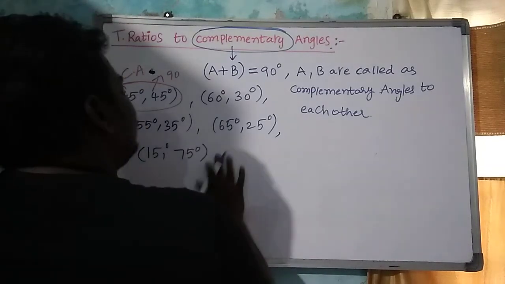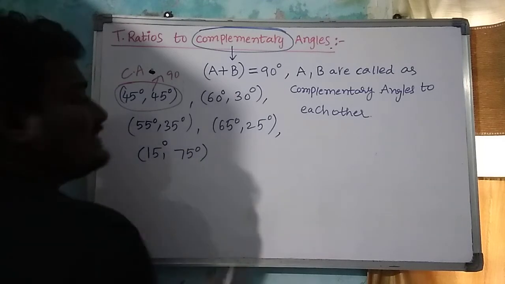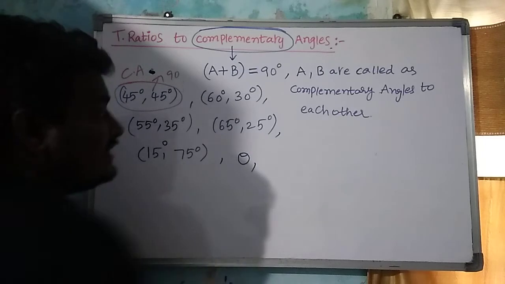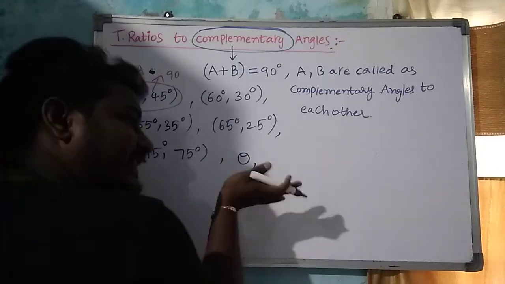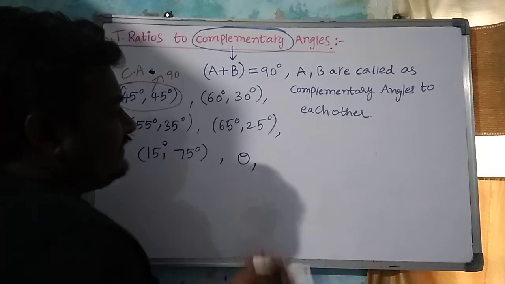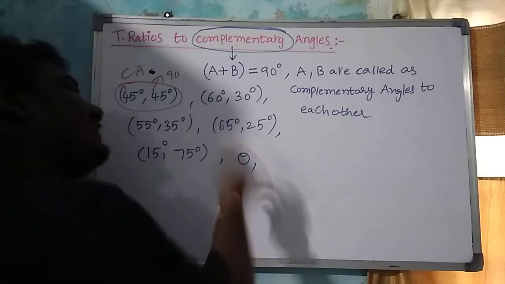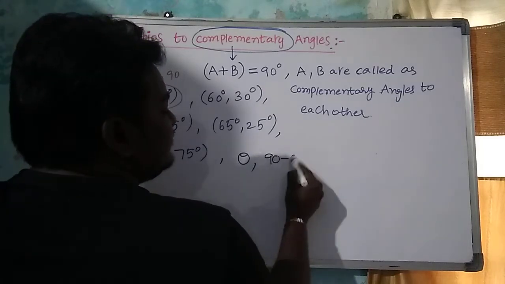Likewise, I can generalize like this: if one angle is theta, then theta has gone from 90. What about the other angle? It is 90 minus theta.